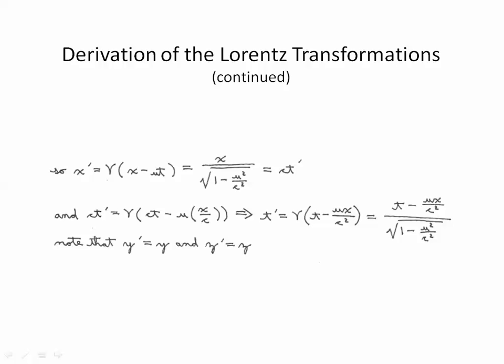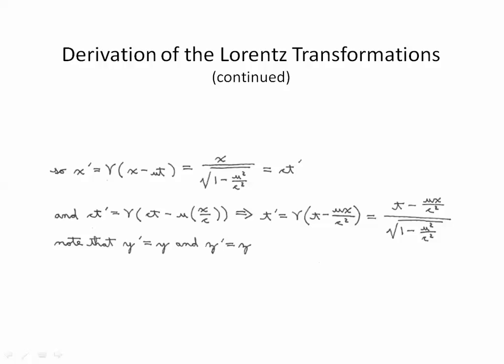We can substitute ct for x in the expression x minus ut, and then divide both sides of the result to get an expression for t prime, which is the expression t minus the quantity u times x divided by c squared.